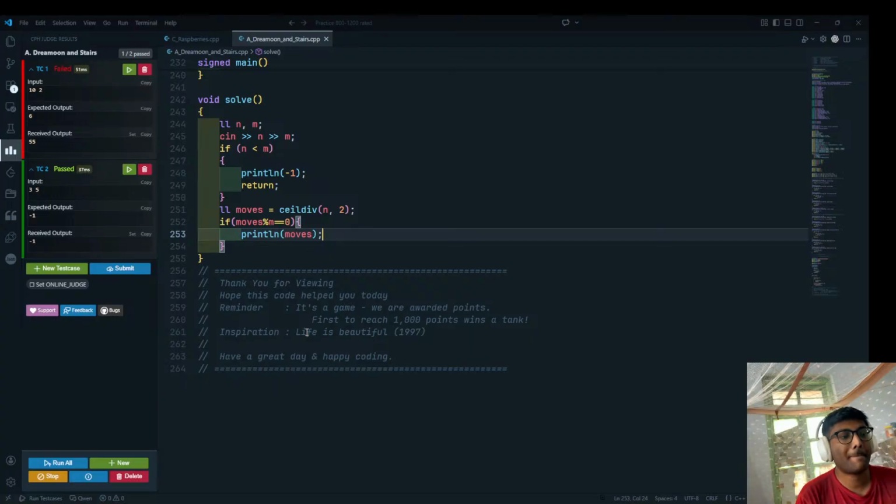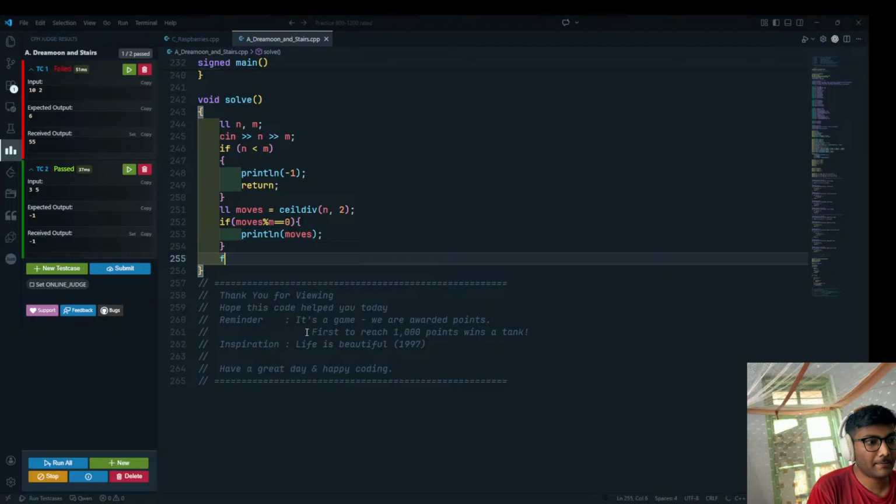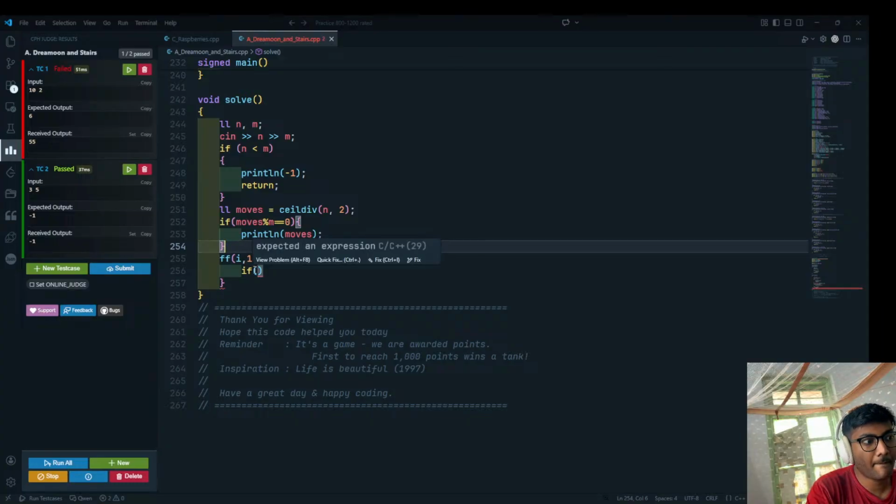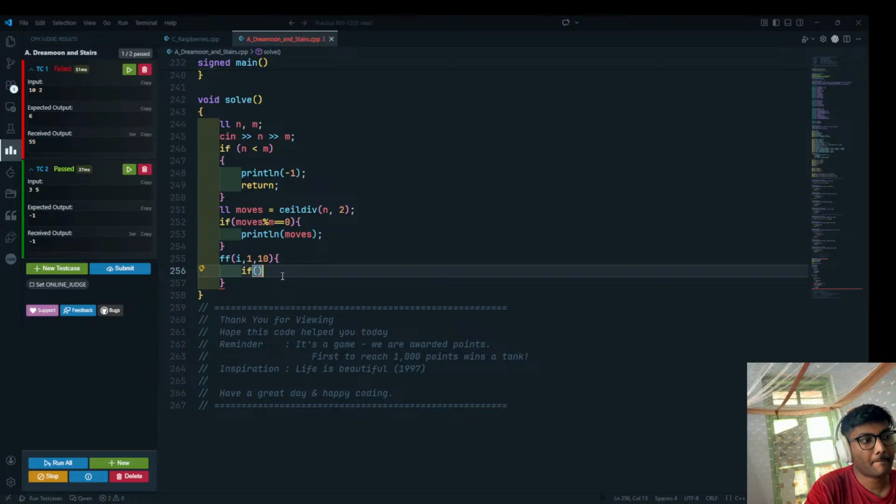Okay, or I can just probably do a brute force here.